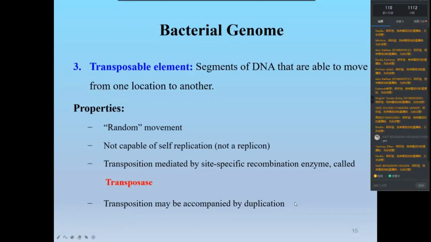This means that when the transposable element moves from one place to another, sometimes they can make a copy of themselves and paste it to another place. So you can call this a copy and paste procedure.